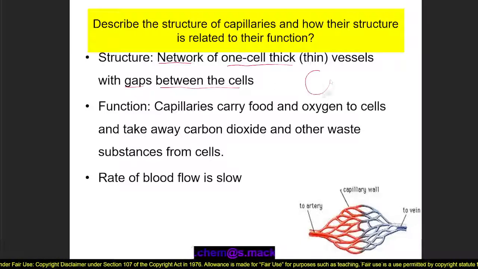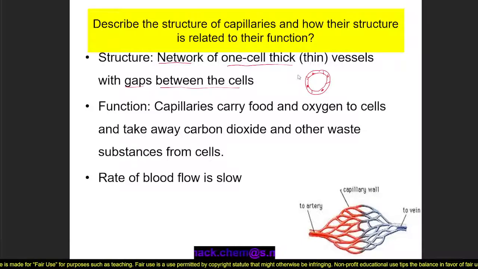Remember the diagram drawn before? Very simple diagram, which shows that the capillary is one cell thick and there are spaces between the walls. Let's relate the structure to the function.